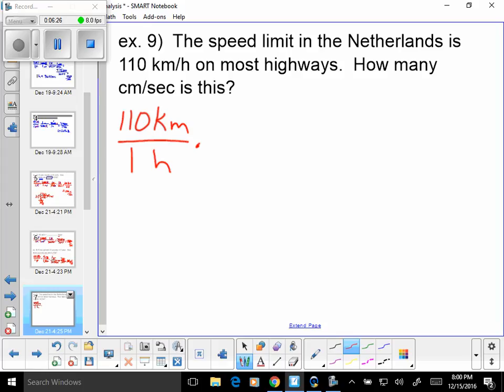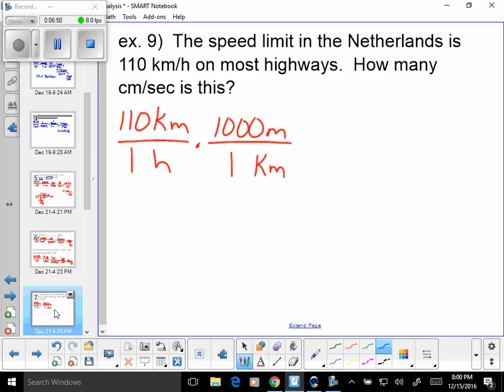We'll probably have to go to meters first. Now, where's this kilometers? Yes, it's in the numerator. So where do we want to put it in order to cancel? Yep, it's got to be in the denominator position. And we know that there are 1,000 meters in 1 kilometer, because that's the conversion factor that we are given.